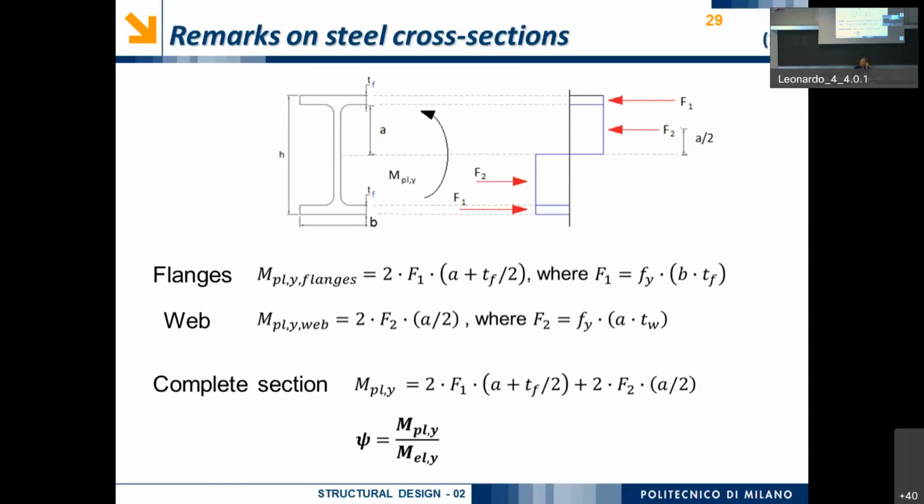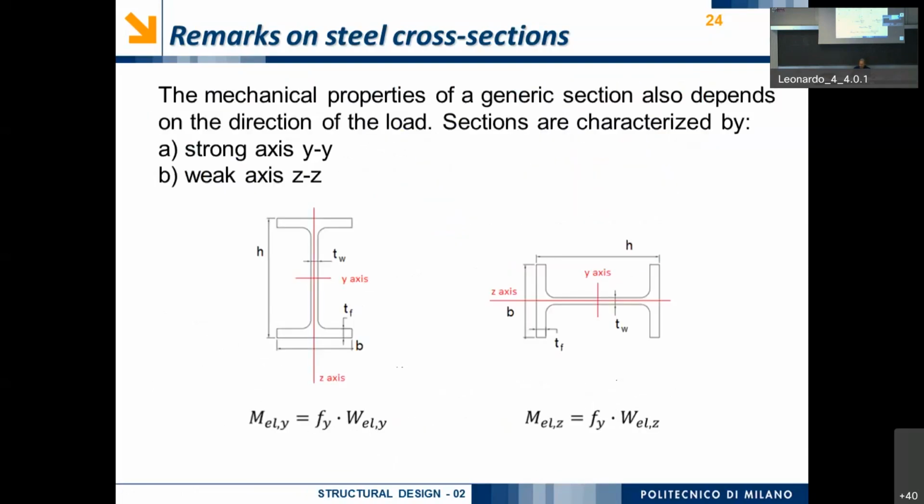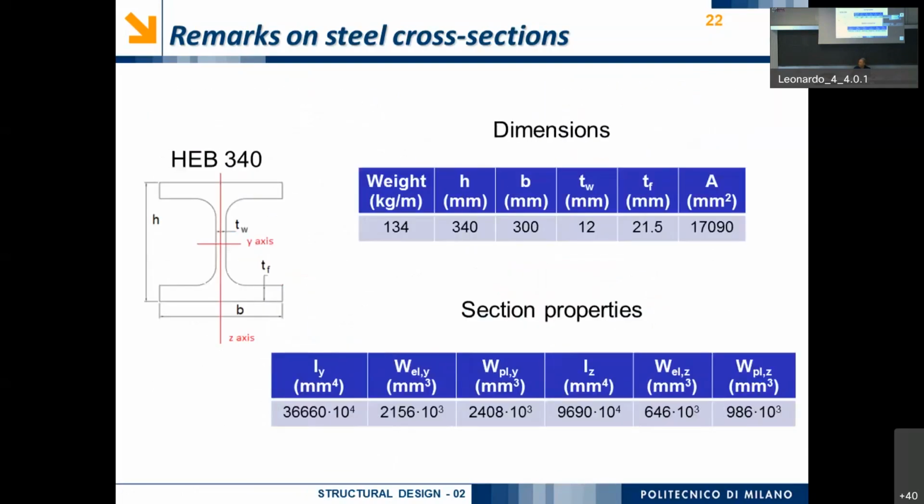You can very easily understand that if I'm starting from the dimension of the cross section in an approximate way, I can easily evaluate the value of the yielding bending moment, the plastic bending moment, the part of the yielding bending moment carried by the web and the flanges, the part of the plastic bending moment carried by the flange and the web.